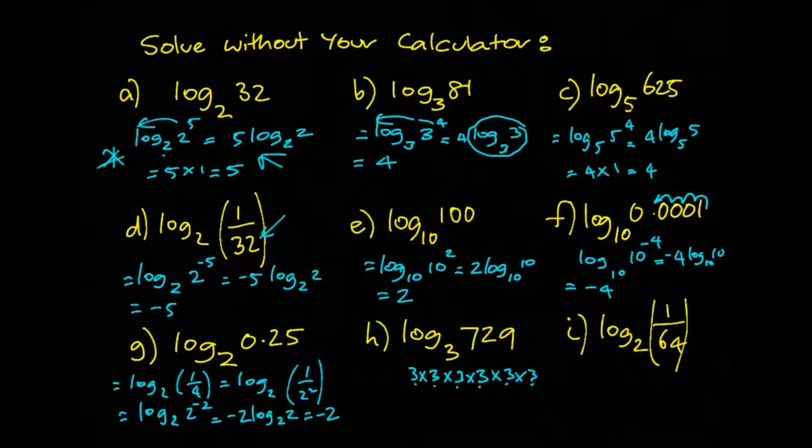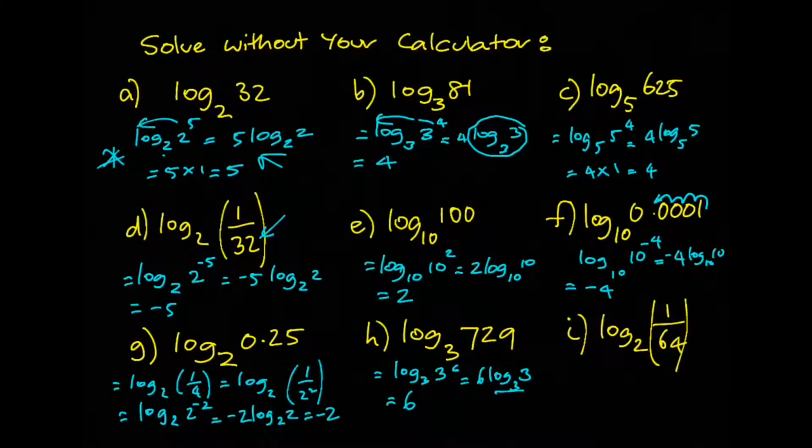So it's 3 to the power of 6 equals 729. Now we can rewrite this as log to base 3 of 3 to the 6. And that equals 6 log 3 equals 6, because log of its own base is equal to 1.